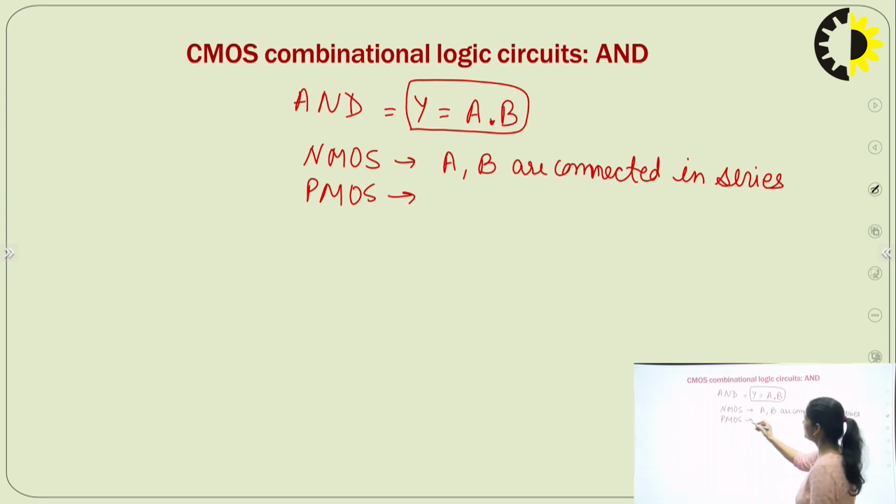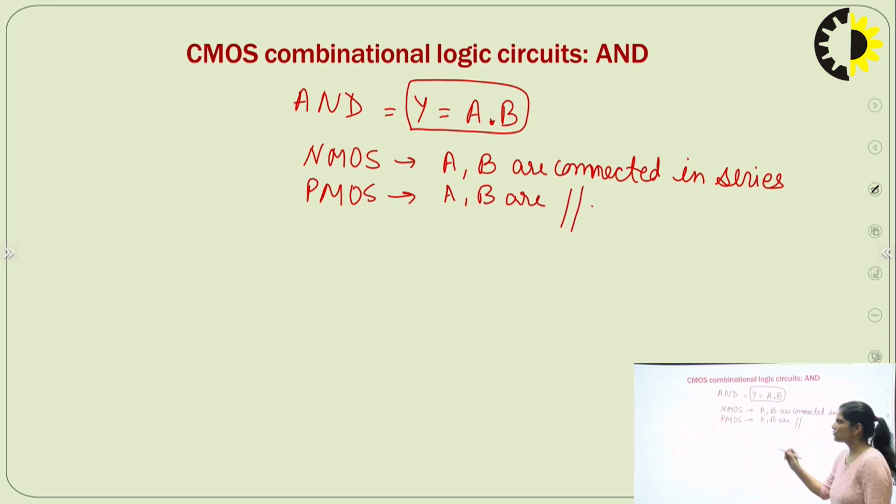It means in the PMOS, A and B are connected in parallel. So you should remember this logic: if it is a dot product, A and B are connected in series in the case of NMOS, and A and B are connected in parallel in the case of PMOS.